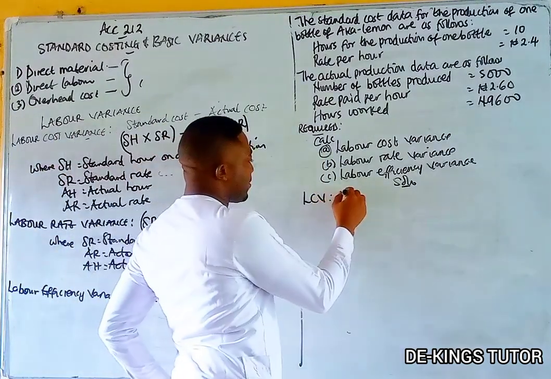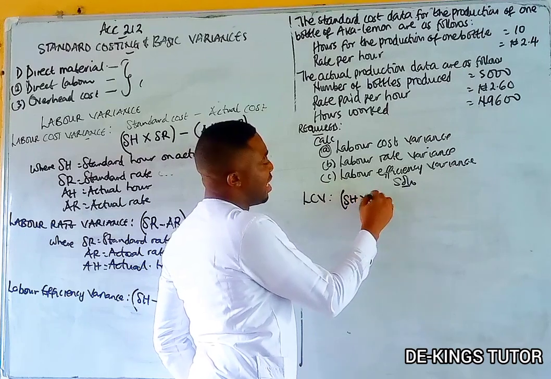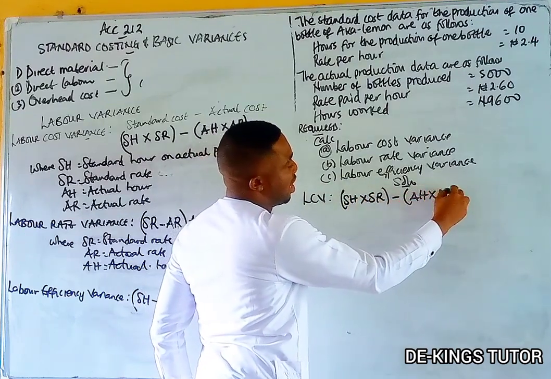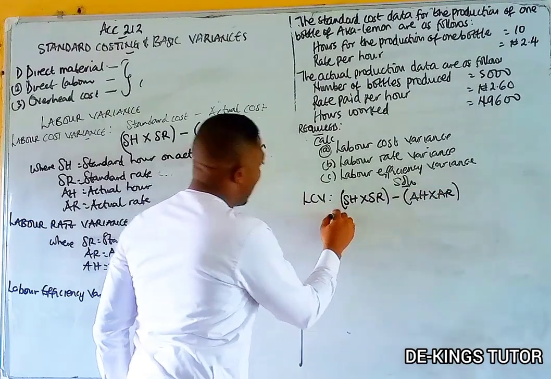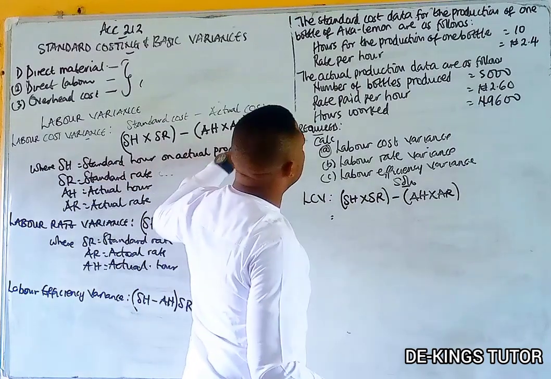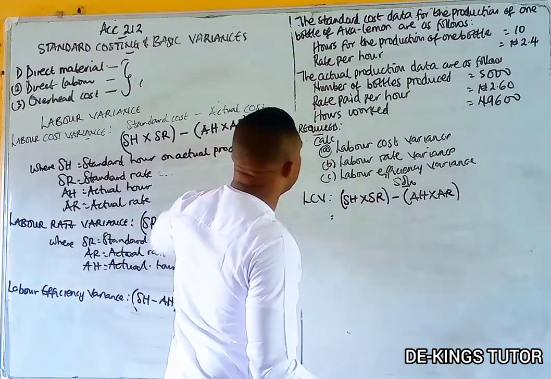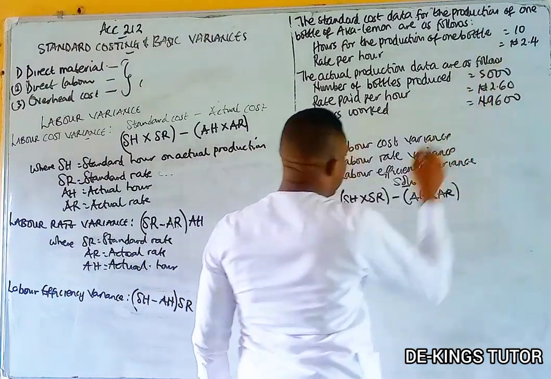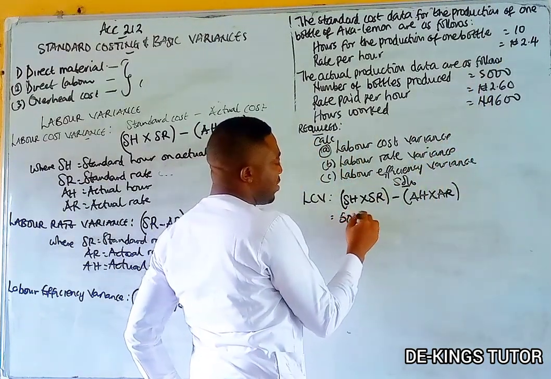So we want to get what will be the labor cost variance. So it will be our standard hour times standard rate minus actual hour times what? Actual rate. So we now have our standard hour. Remember our standard hour will be on what? Actual production. So what is standard hour? 10, abi? Times 5,000. This gives us what? 50,000.